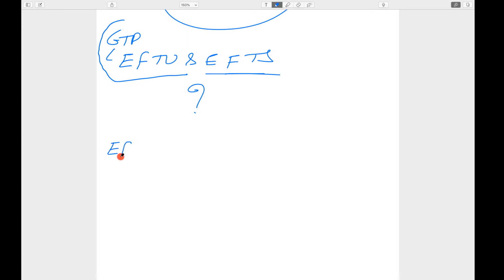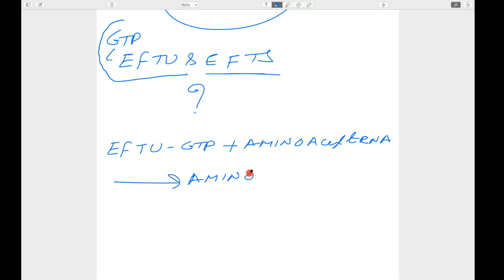First, the EF-Tu GTP complex interacts with aminoacyl transfer RNA, leading to the EF-Tu GTP aminoacyl transfer RNA complex.